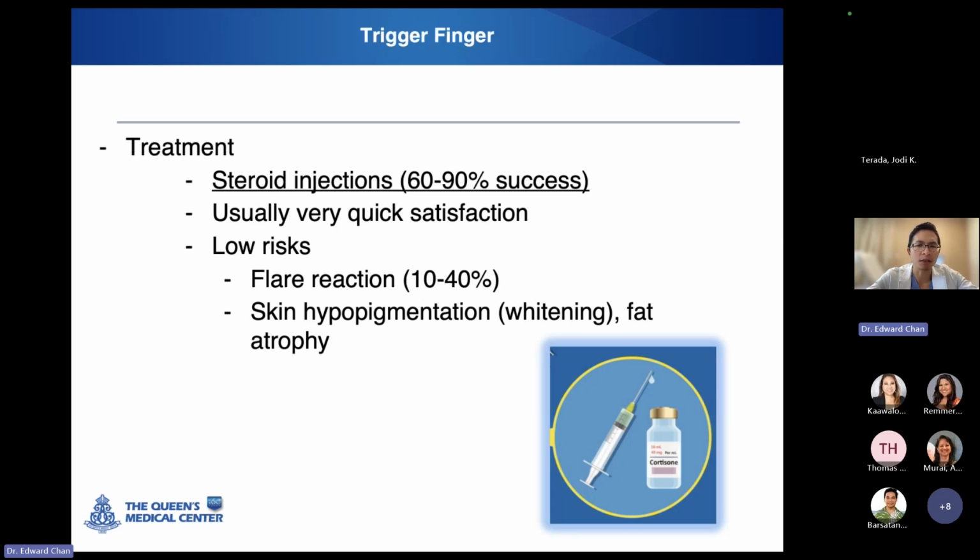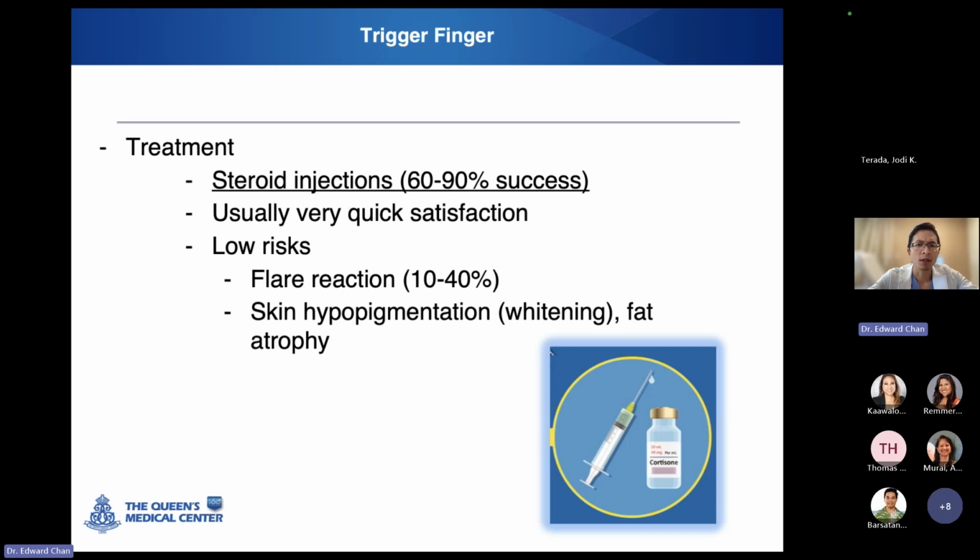For some reason, sometimes it just causes localized irritation and pain. I think of it like when you get a vaccine, how sometimes your whole shoulder gets painful and sore for a couple of days. So I tell people, unfortunately, some people do get this flare reaction where it can potentially hurt worse for a couple of days, but most people don't get it. And it's usually just temporary anyway.